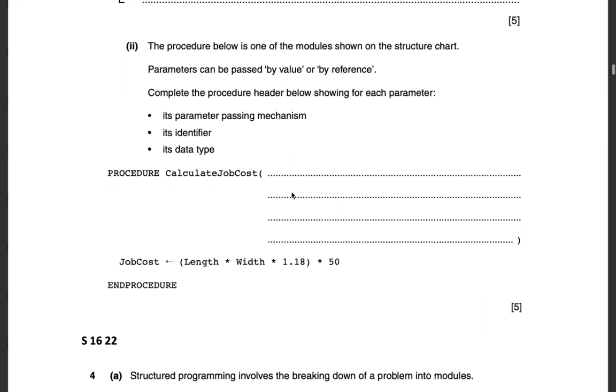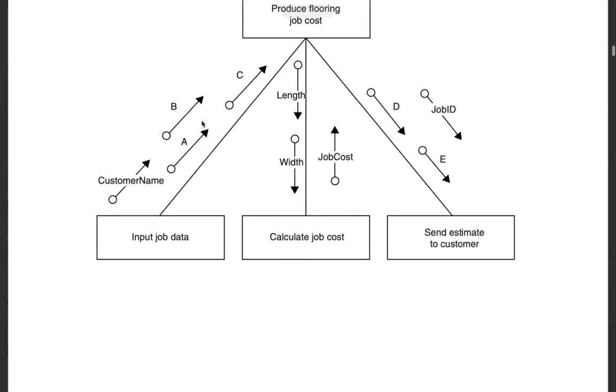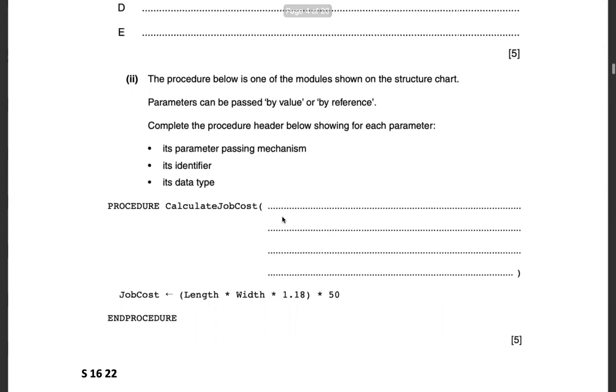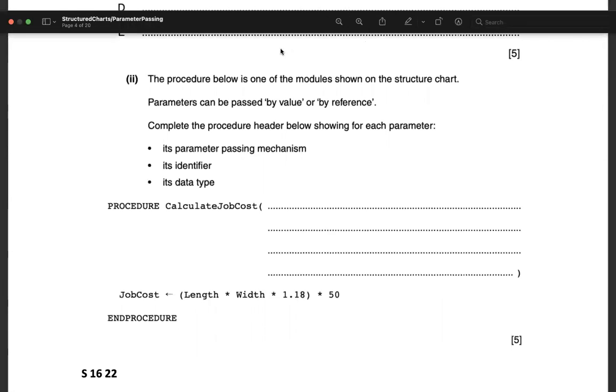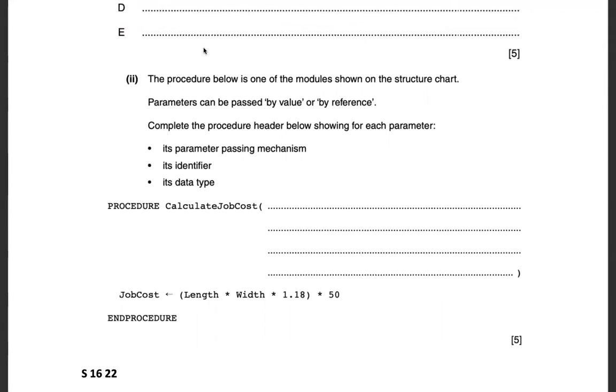So what we can do is something like this. For calculate job cost, the parameters length and width are being passed. So we have length of type integer, since it said nearest meter, so it has to be integer. And length is by val.